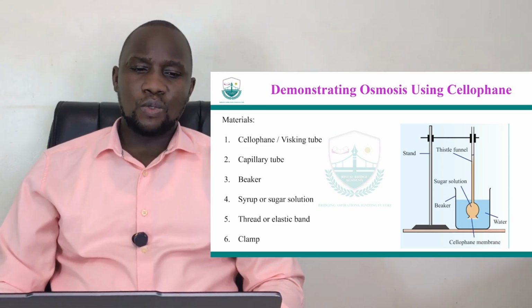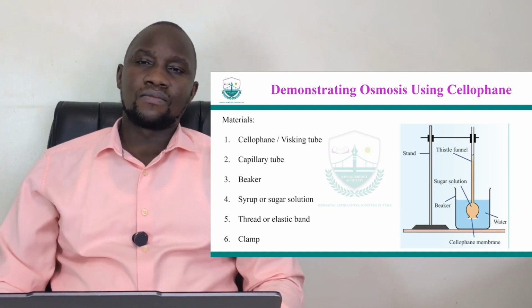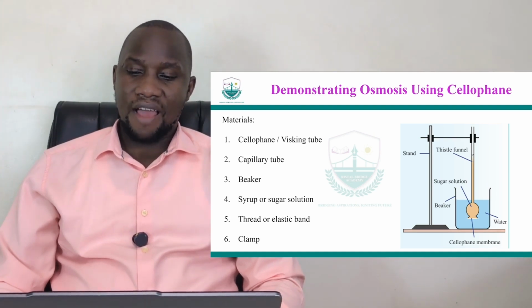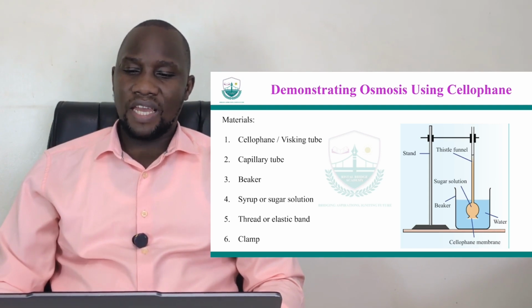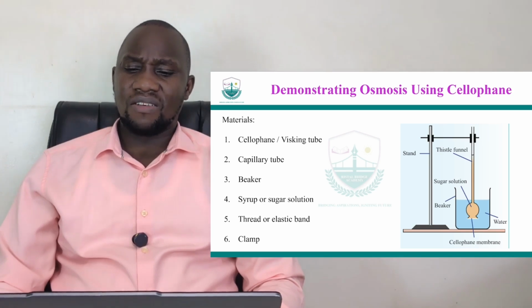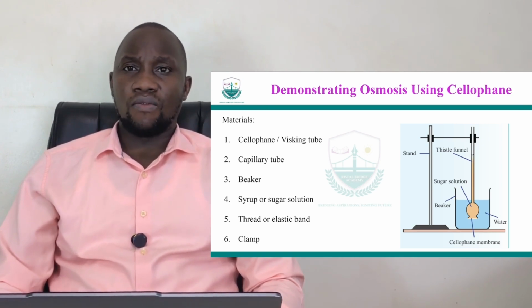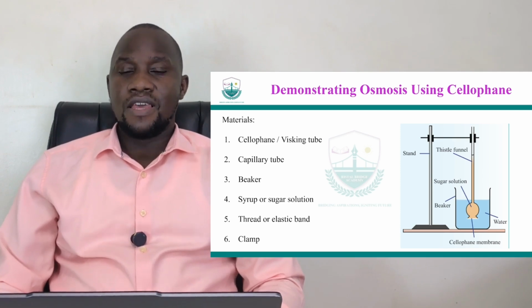Cellophane is what we can use, and in this, it depends on the concentration of the solution that we have inside the membrane that is connected to the funnel. And then we see the net movement of water and see what happens in the funnel in relation to what happens in the volume of the solution that we have in the beaker.